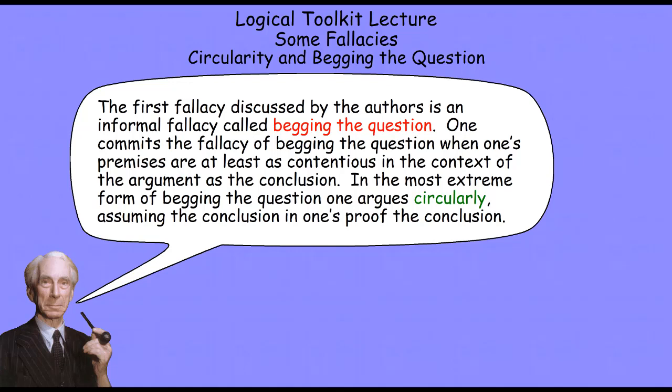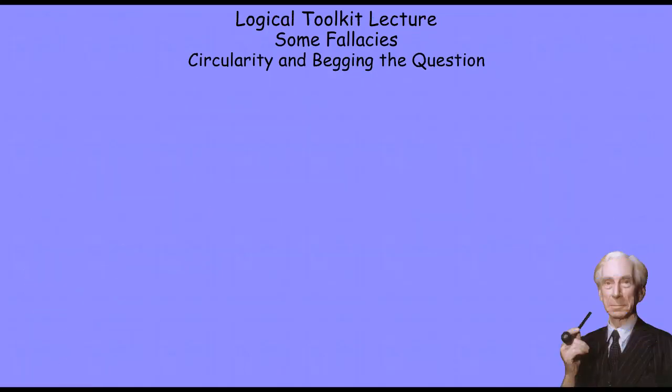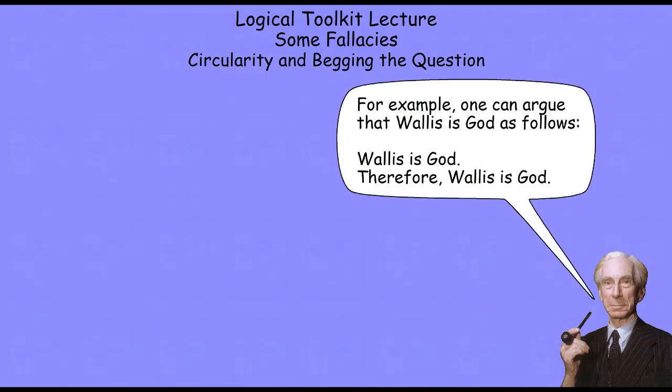In the most extreme form of begging the question, one argues circularly. That is, one assumes the conclusion in order to prove the conclusion. So one establishes one's conclusion by assuming that it's true. So here's a particularly simplistic version of begging the question that is in that circularity camp.